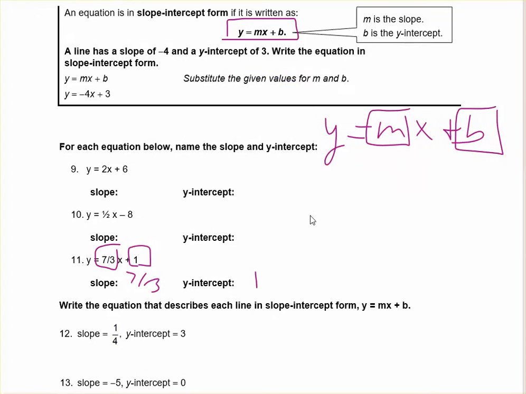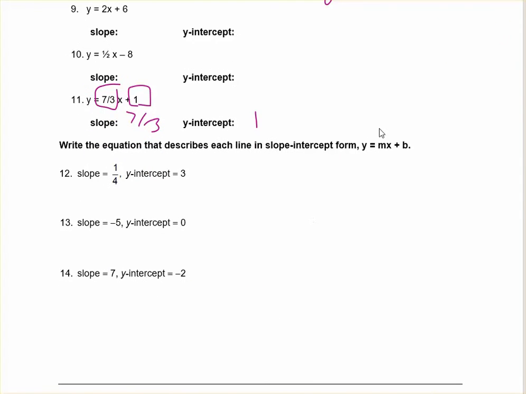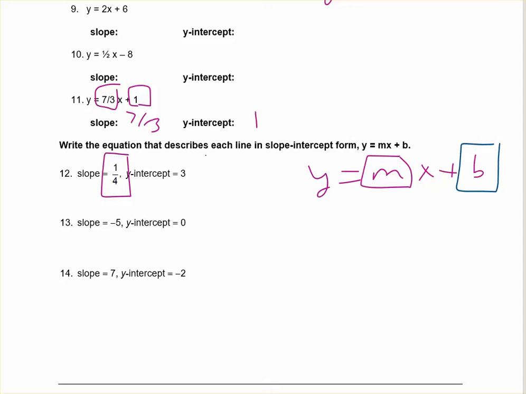And then in 12, 13, 14, all you have to do is take your equation again, y equals mx plus b, replace m with the slope, and replace b with the y-intercept.